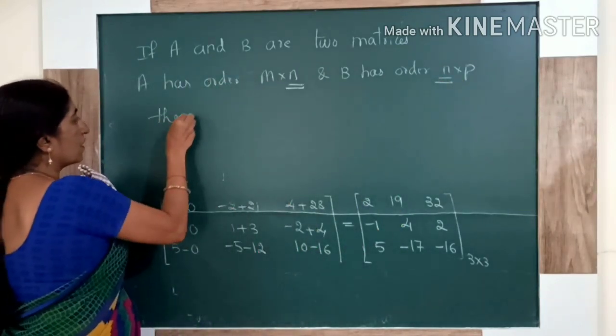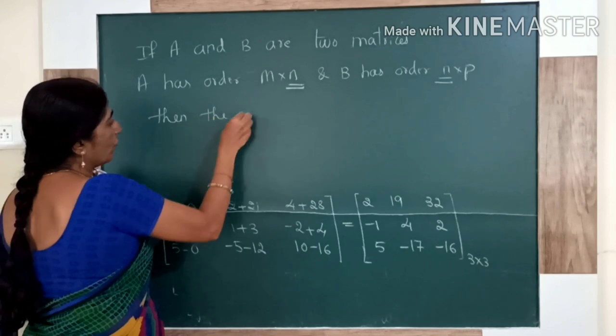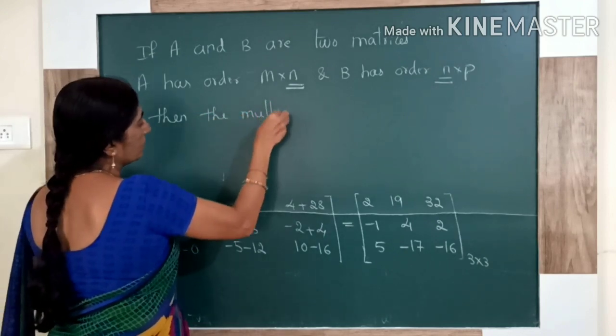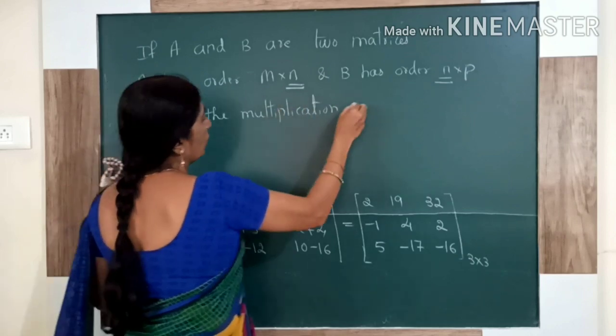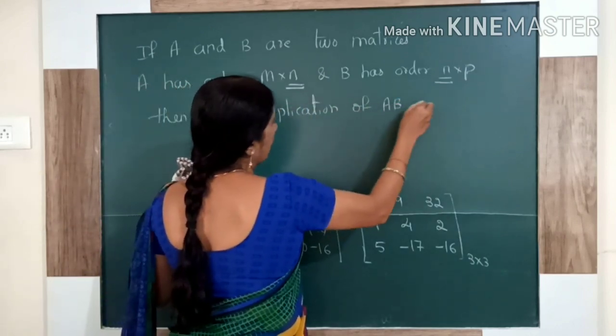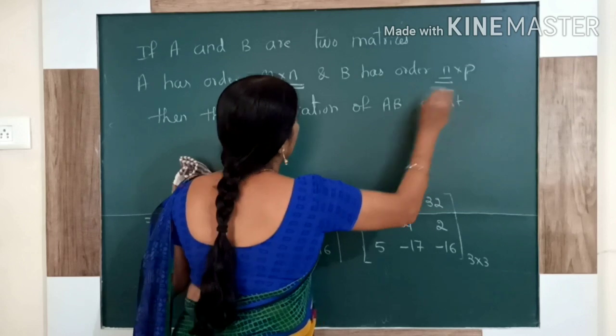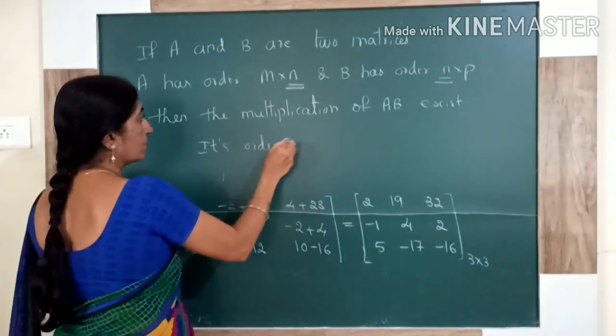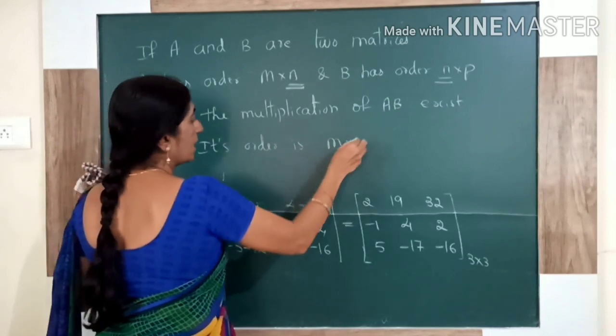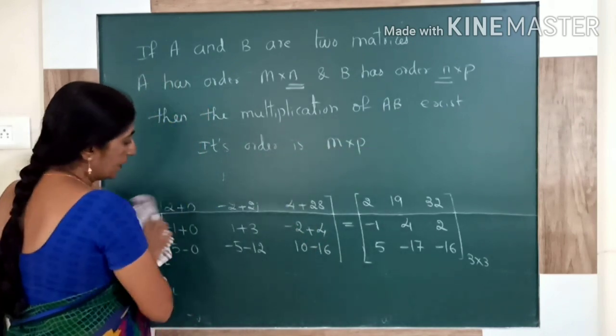Then the multiplication AB exists and its order is M by P.